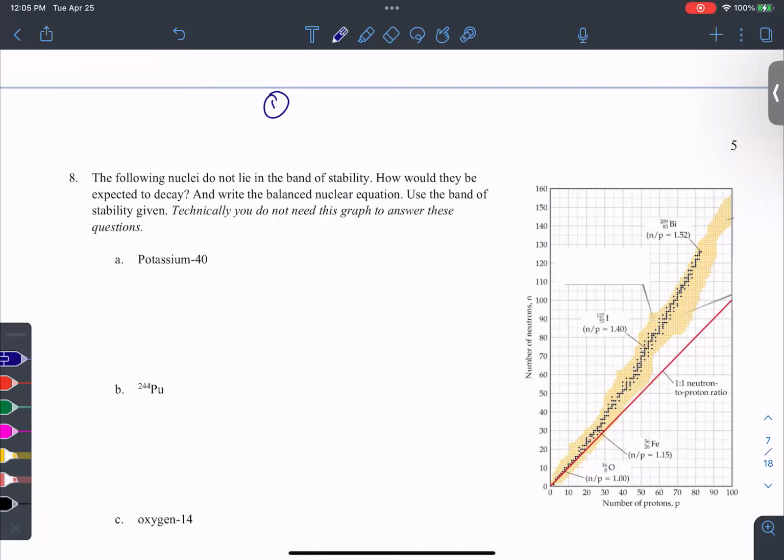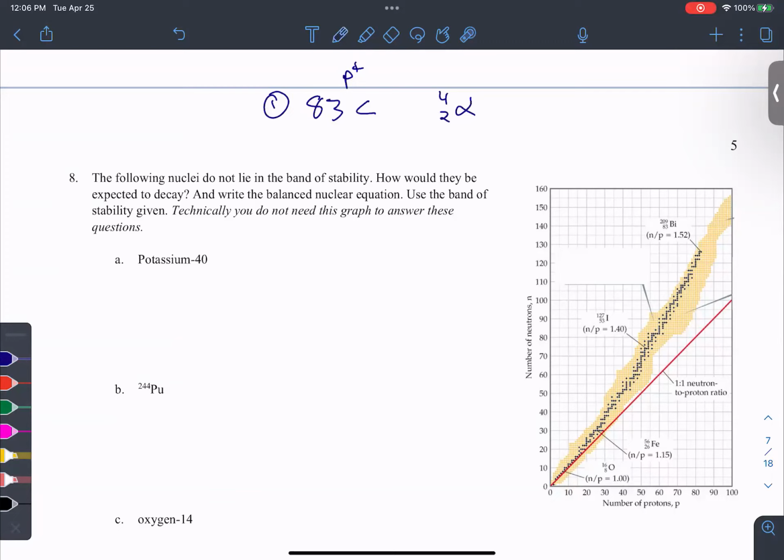The easiest one is anything that's above 83 protons. Anything that's heavier than bismuth will always undergo what kind of emission? Alpha, always. Those are the easy ones. So anything heavier than bismuth will always undergo alpha decay first.